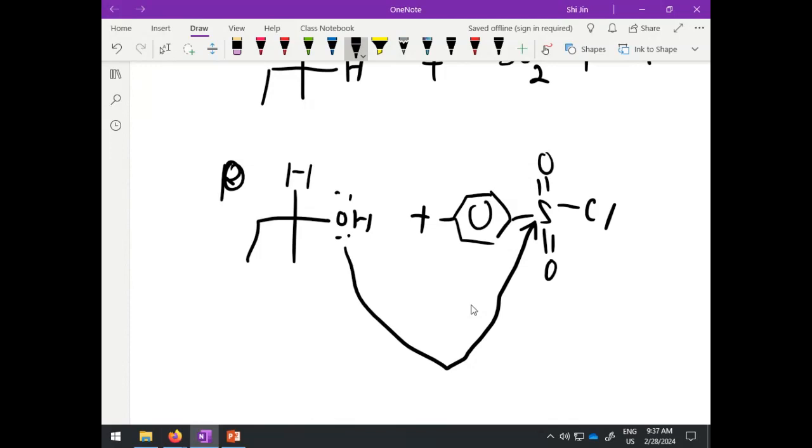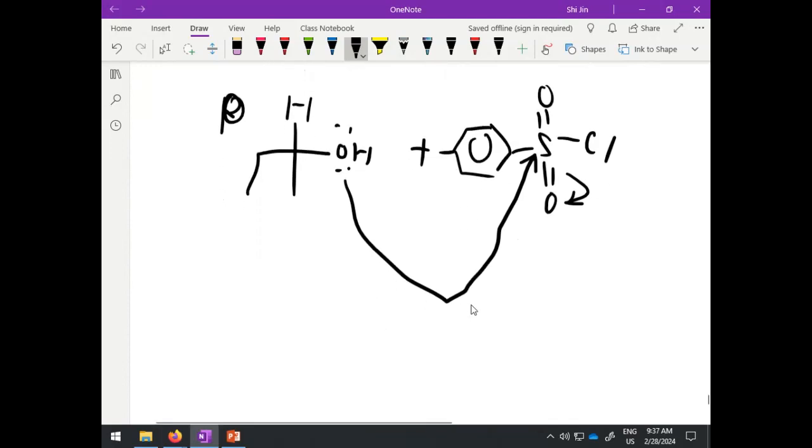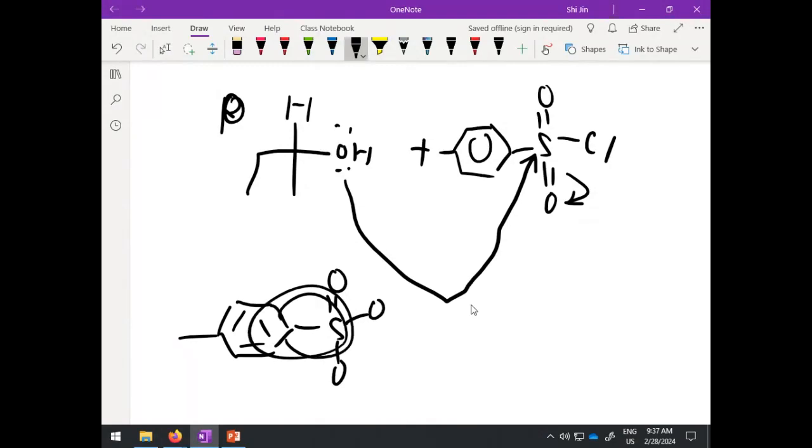On addition this gives you this product, so the SO double bond gets opened.